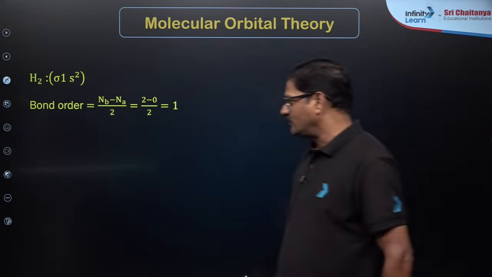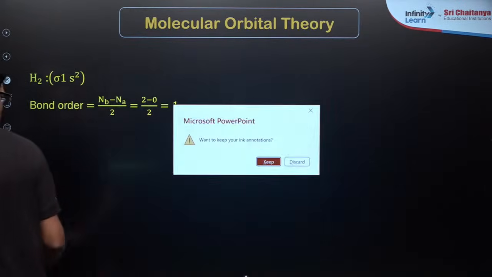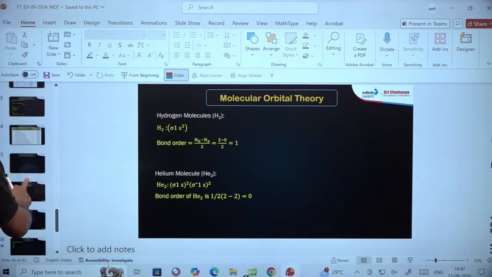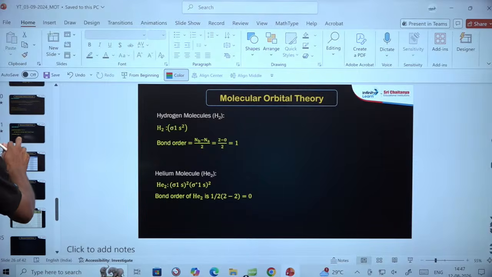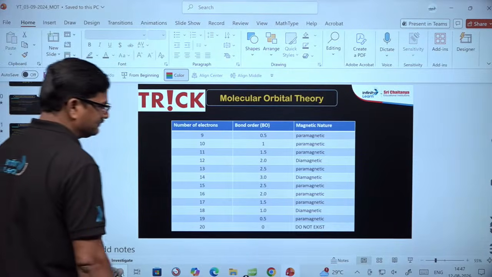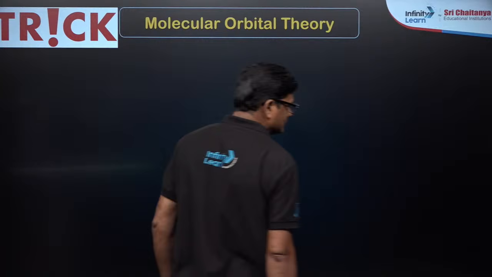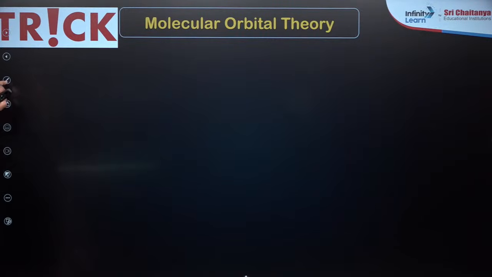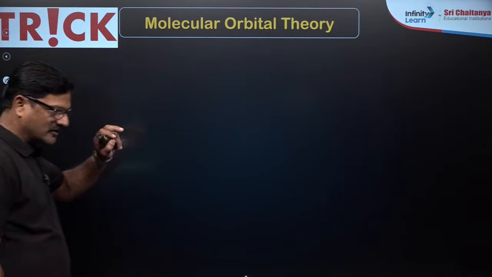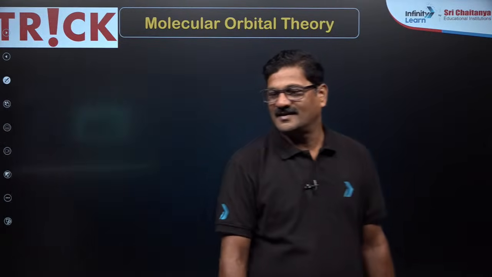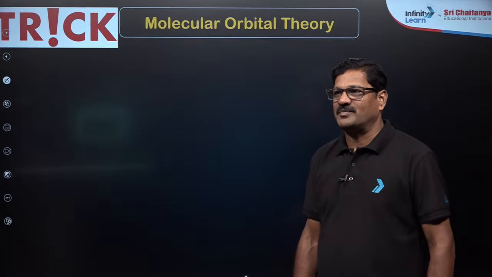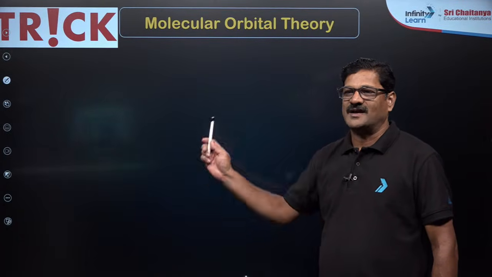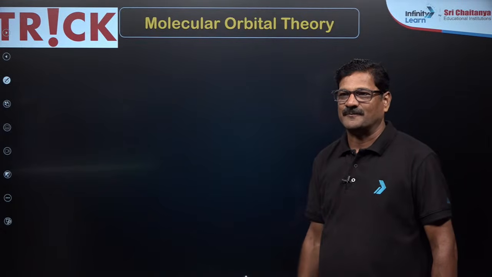And I just want to give you a super trick before we go through. Super trick that you can use directly in the NEET examination. Believe me, you can use this. Everybody take a pen and paper and observe what is going to happen here.